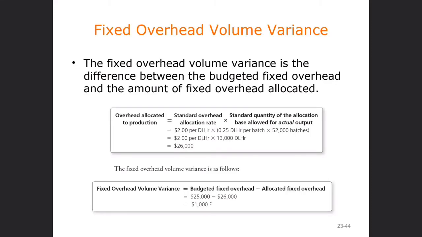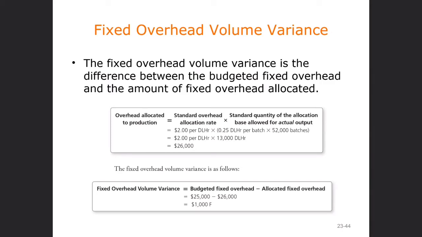The fixed overhead volume variance is the difference between the budgeted fixed overhead and the amount of fixed overhead allocated. So the overhead allocated to production equals your standard overhead allocation rate times the standard quantity of the allocation base allowed for actual output.